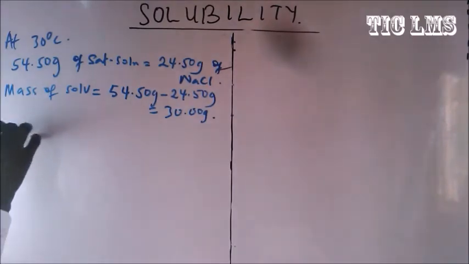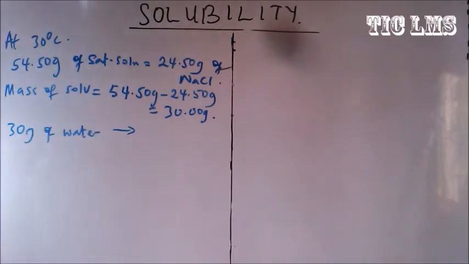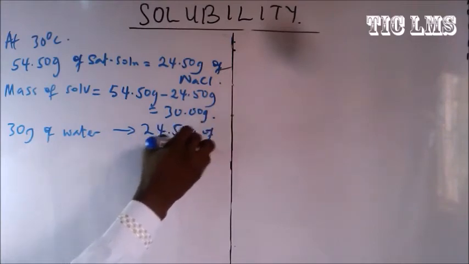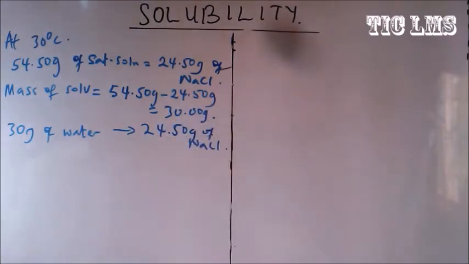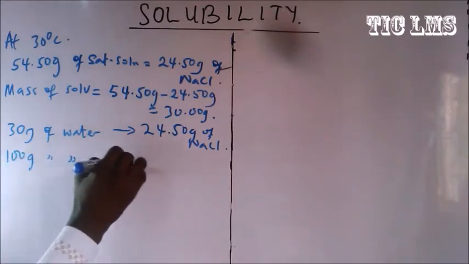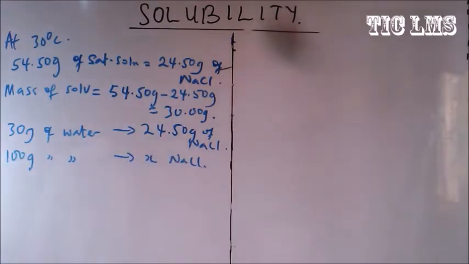30 gram of water dissolves or saturated 24.50 gram of sodium chloride. What will be the solubility of the sodium chloride at that same temperature? Meaning that if you have 100 gram of water, what will be the mass of sodium chloride which will saturate it in order to determine the solubility?